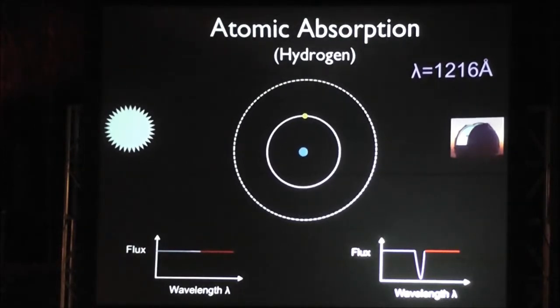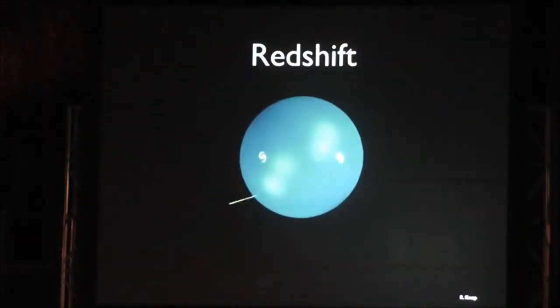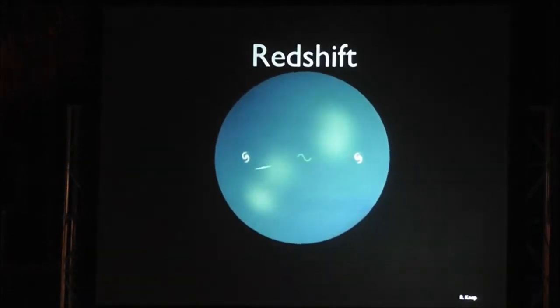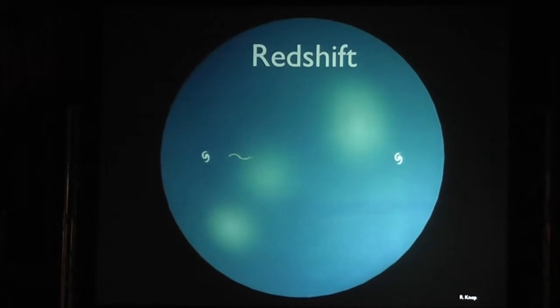Now that's at 1216 angstroms if it's close to us, but cosmic expansion, of course, redshifts the light, so we can actually relate the wavelength of the light to the distance from us, because more distant things are redshifted more.